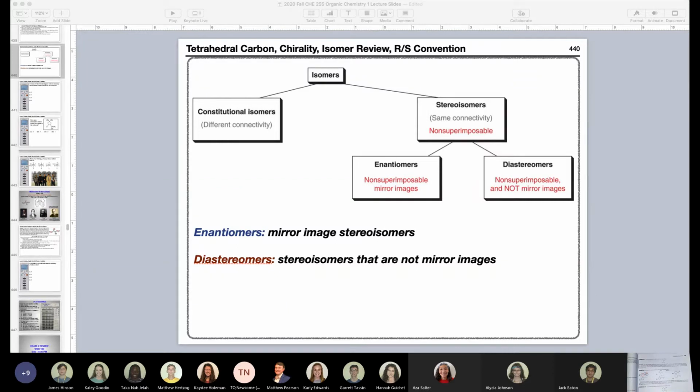Let's do the same activity for 7.3. Go ahead and name it first. So we have 2,3-dimethylpentane. Which is the chirality center in 2,3-dimethylpentane?